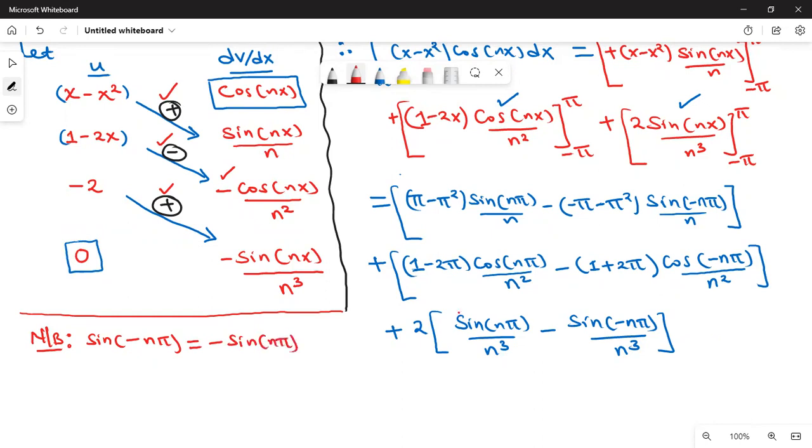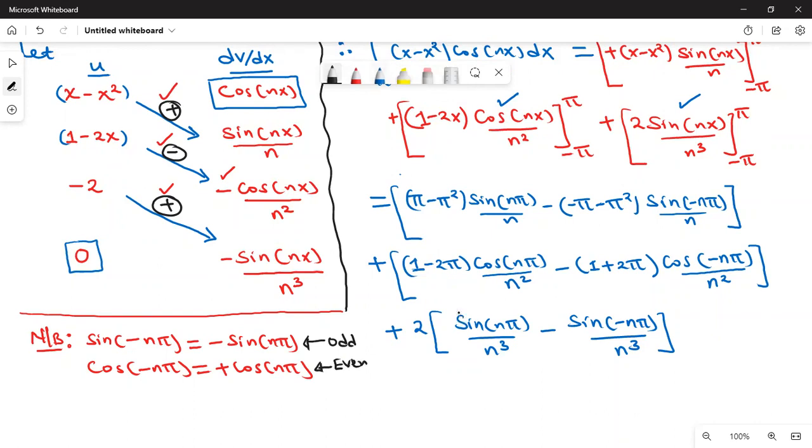That's an identity. Another one is cosine of negative n pi is the same as positive cosine of n pi. And that means sine is an odd function, and this other one is an even function.